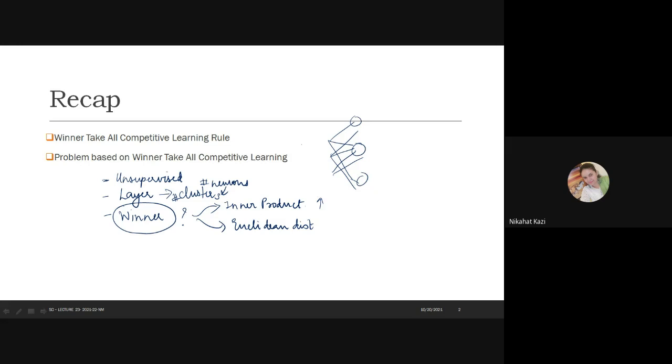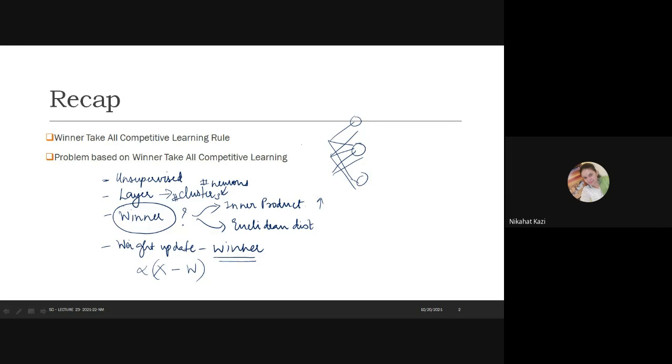Okay? And after you decide the winner, you update the weights of only the winner. So weight update is only for the winner, right? And what is the weight update equation? Some learning constant times x minus that weight, right?